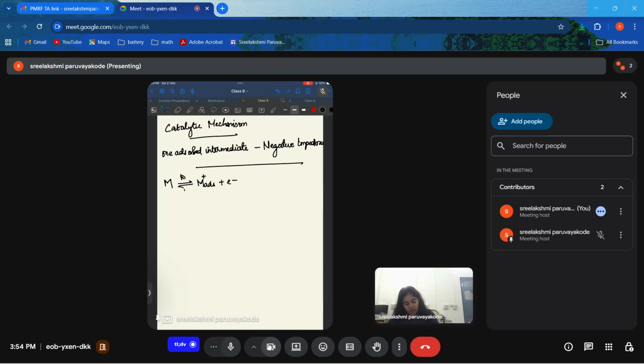Both forward and backward reaction can happen. Now, next step, M adsorb plus again reacts with the metal surface, which is only a forward reaction. It results in the formation of M solution plus, then M adsorb plus one electron.